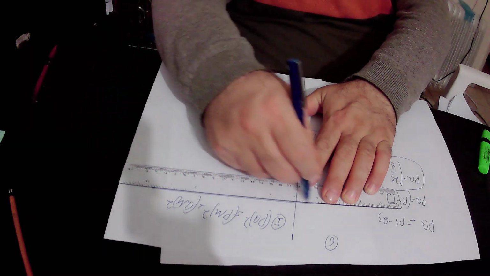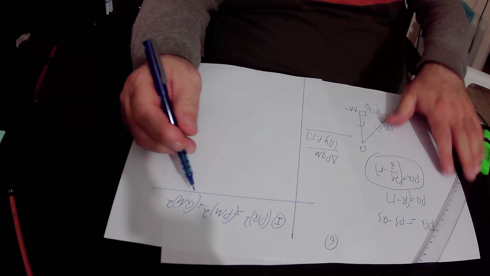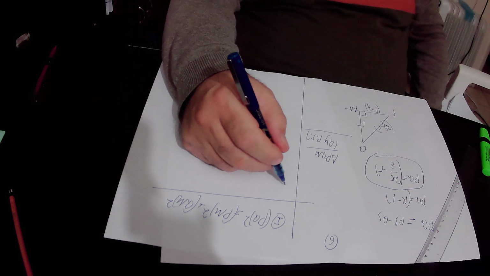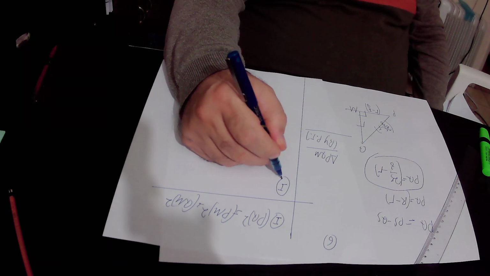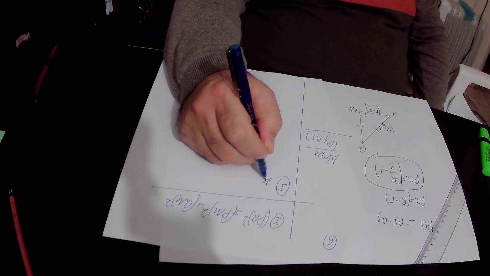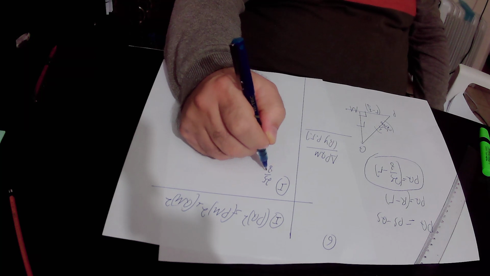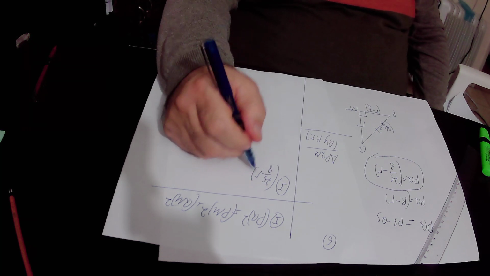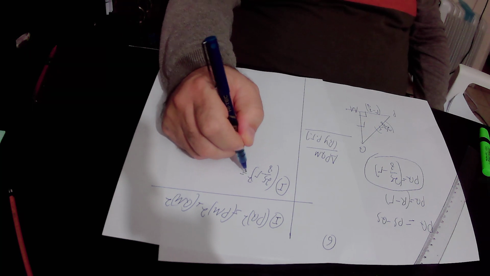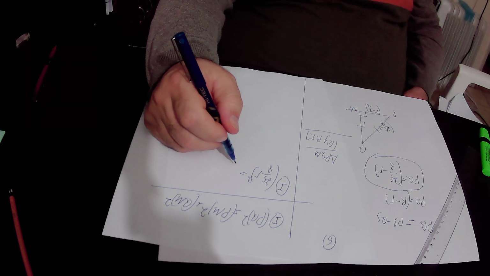So according to equation number 1, PQ squared equals PM squared plus QM squared. We already found out that PQ equals 25 over 8 minus r. So PQ squared will be equal to (25 over 8 minus r) squared. And it is equal to PM squared.